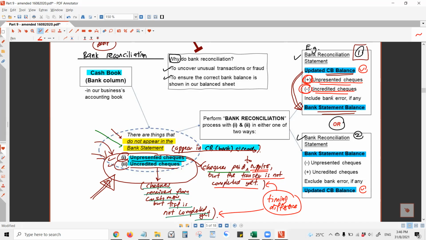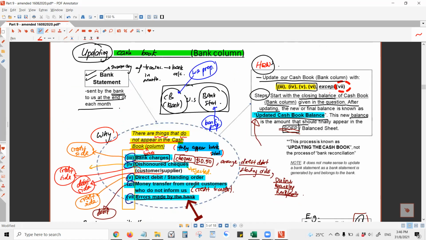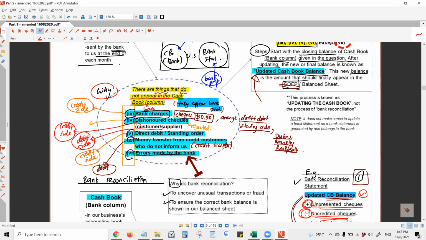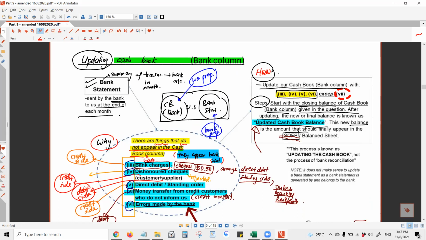And then for the bank error, do you think it exists in the bank statement? Yes, earlier we talked about it. It appears in the bank statement. Does the bank error appear in the cash book already? No. And earlier we talked about not using this to update the cash book, the errors made by the bank.